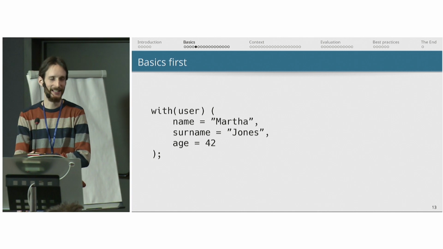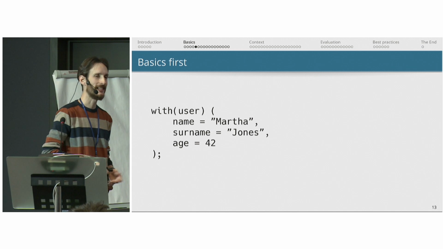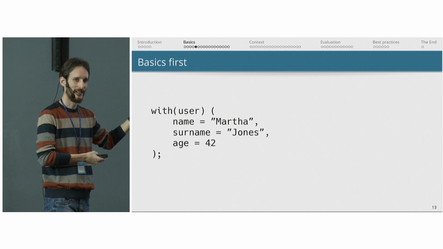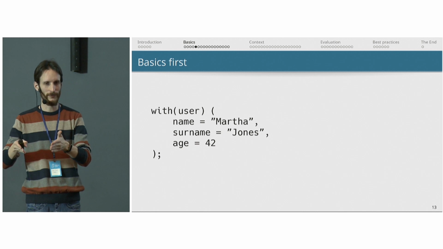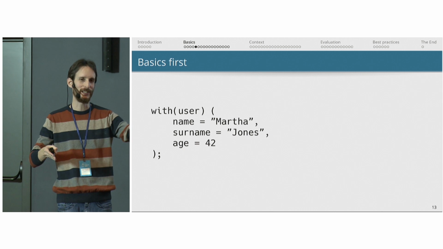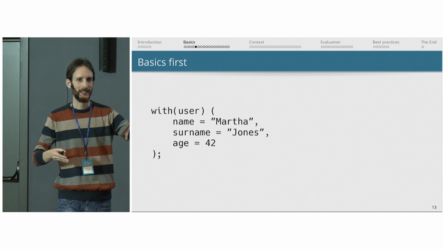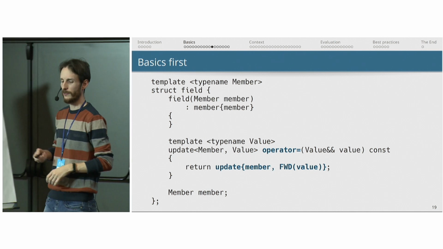Okay, obviously there are some things hidden from the example, like what is name, what is surname, what is age. They're not really references to members or anything else. They need to be instantiated values of this type.